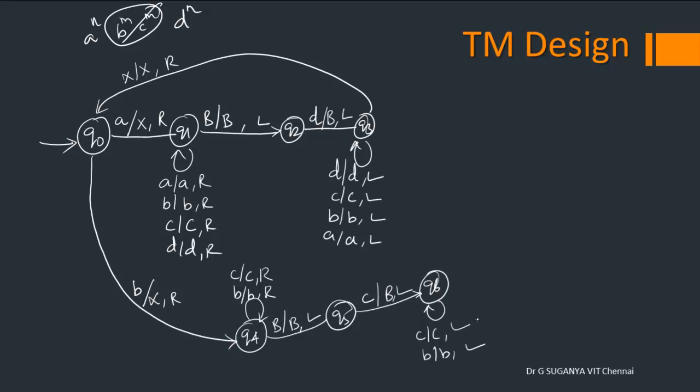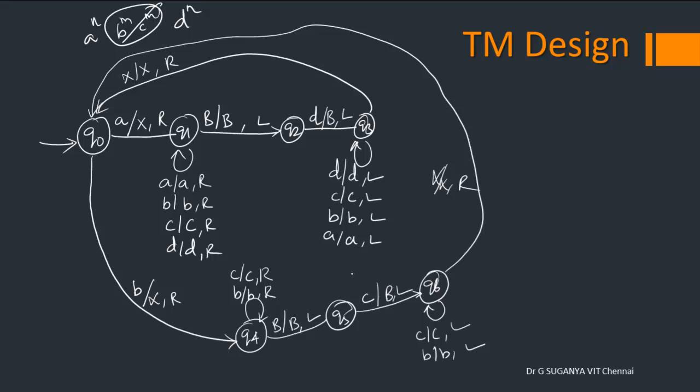When you see an X, you have to take a right turn. Then again the same process needs to continue. So I'll just draw like this, where at X you have to take a right turn and then move to the same point where it will be expecting another B, and the same process continues.